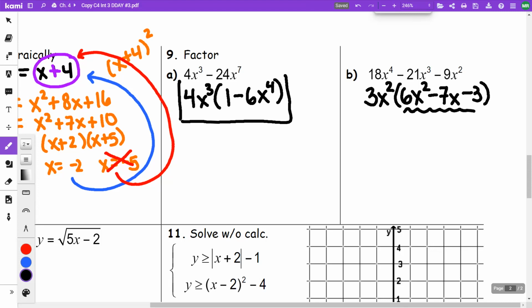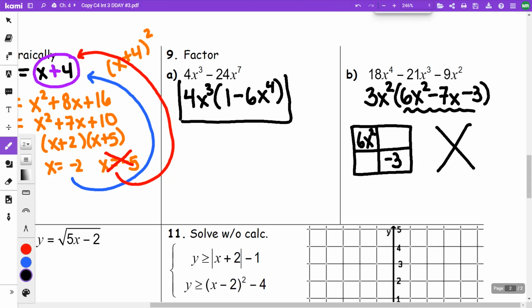So let's see. I'm going to do a box to diamond. I'm going to have my 6x squared, my -3, which gives me a -18x squared, but it has to add to that -7x. I'm thinking -9x and a +2x.